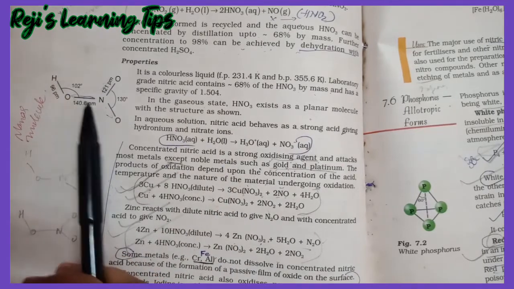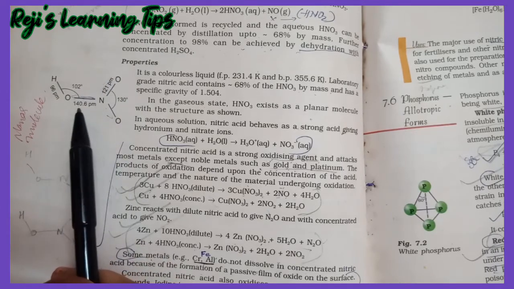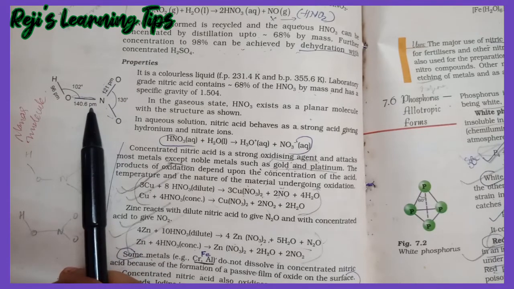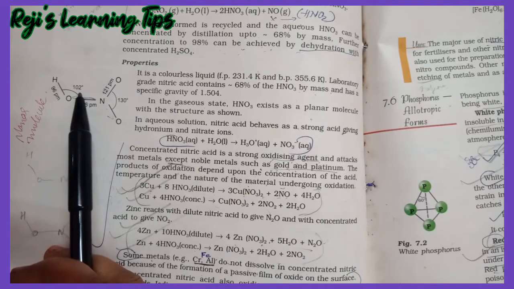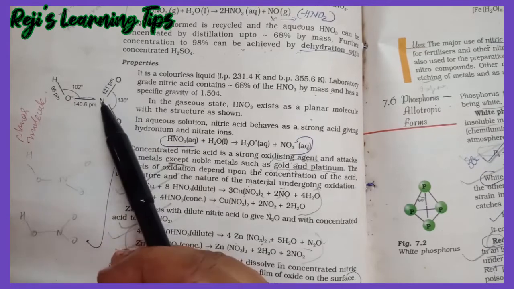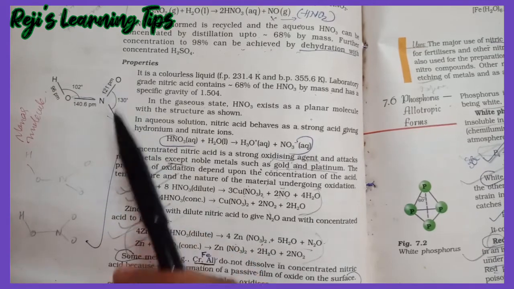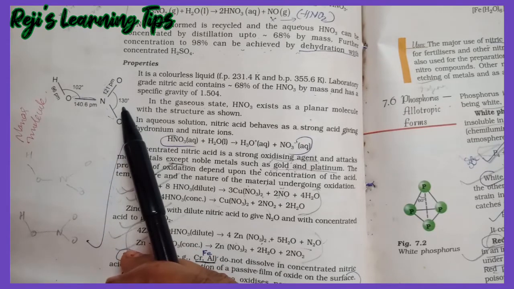Nitric acid, HO single bond NOO. The ON bond length is 140.6 picometer and the HON bond angle is 102 degree. The OH bond length is 96 picometer, the NO bond length is 121 picometer, and the ONO bond angle is 130 degree.